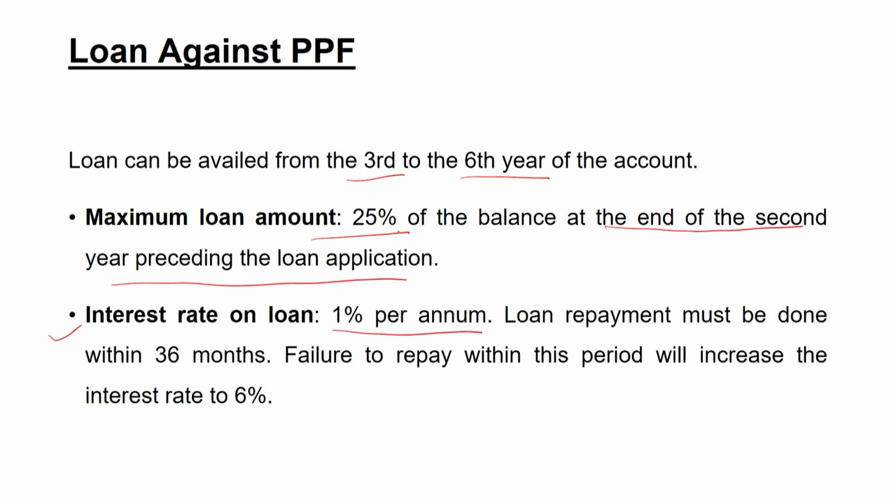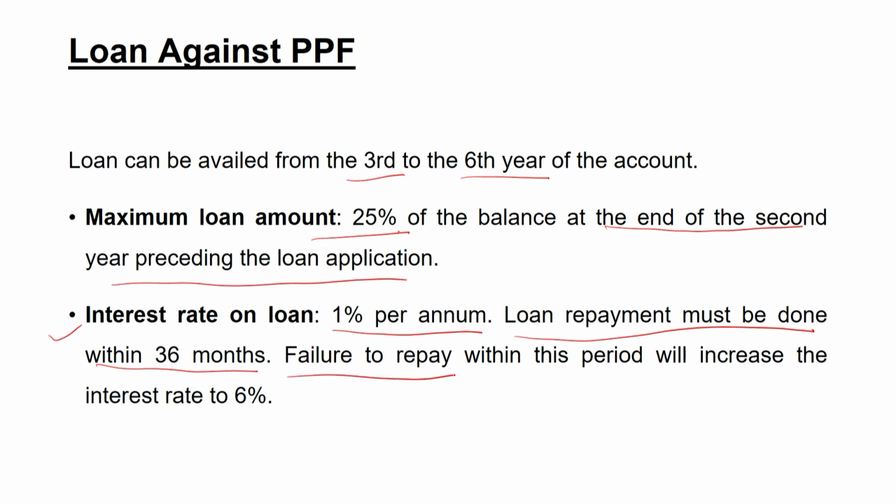So a very minimal interest of 1% is charged by the banking companies for giving a loan against the PPF account, and loan repayment must be done within 36 months. That is, 3 years. Within 36 months you need to repay the amount of loan taken under the PPF scheme.